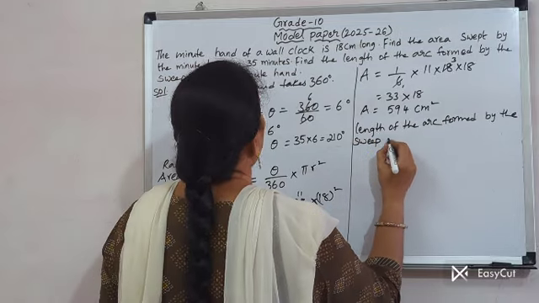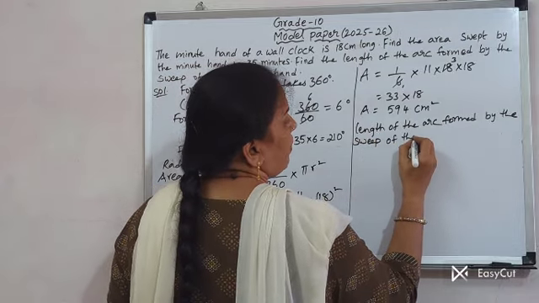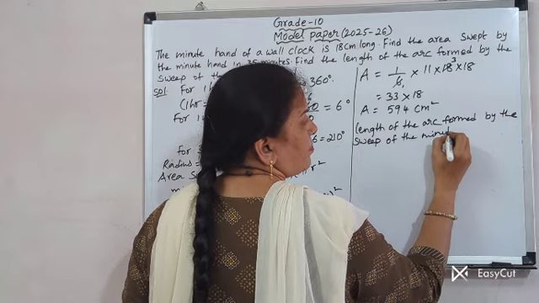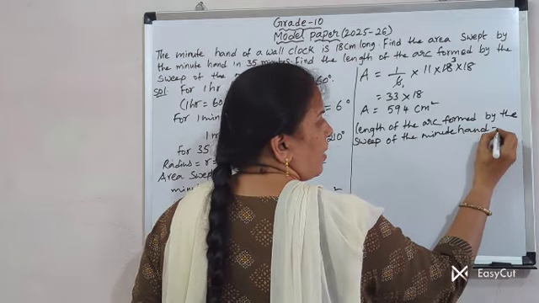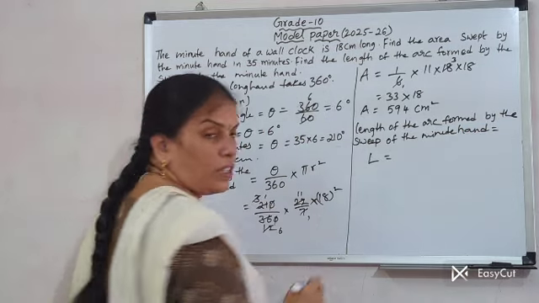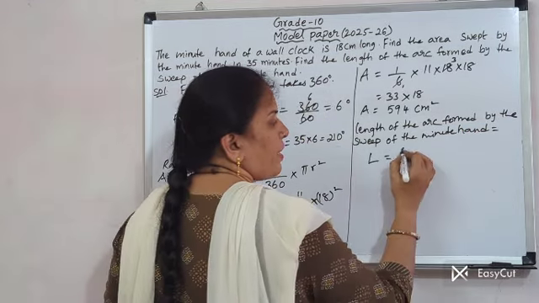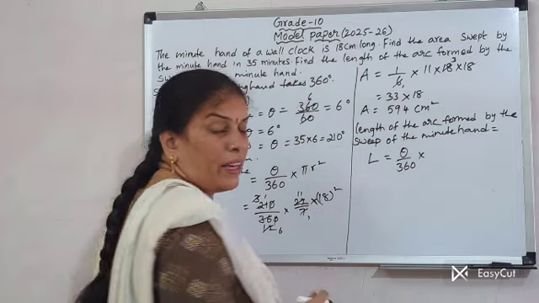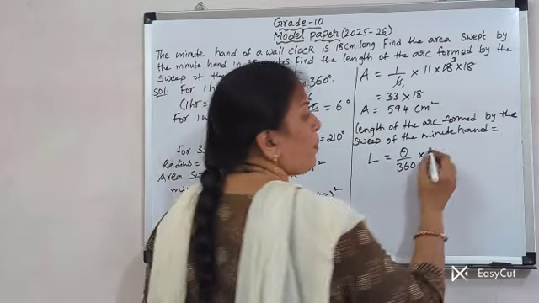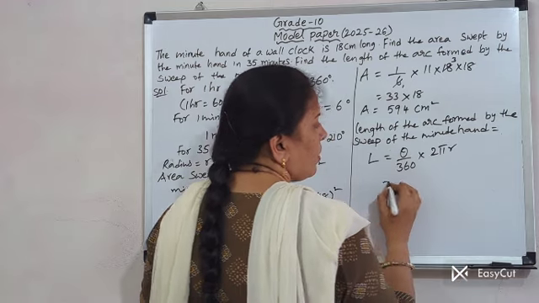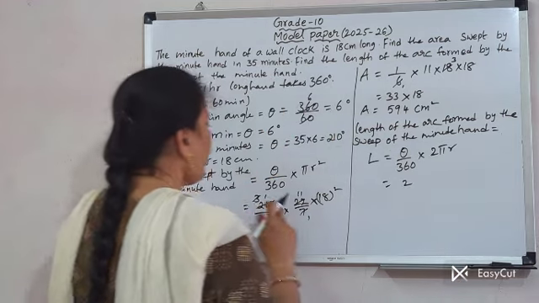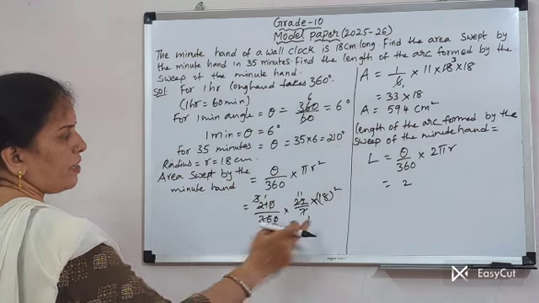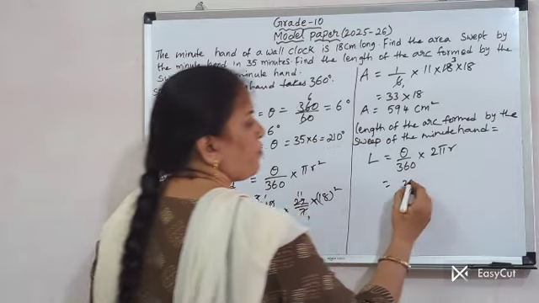Okay, sweep of the minute hand is equal to, L is equal to, okay, theta by, what is the formula? 360 into, here this is the length, so you must write 2 pi r. Theta means how much? Already we know. 210 degrees.